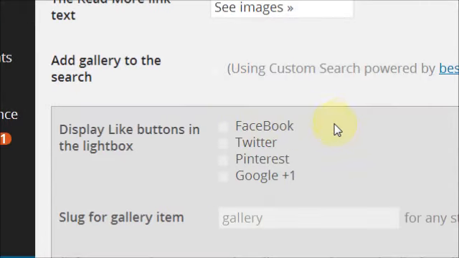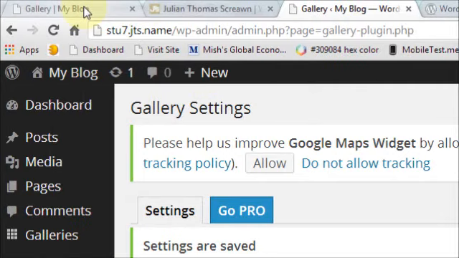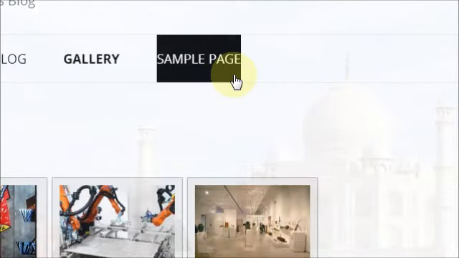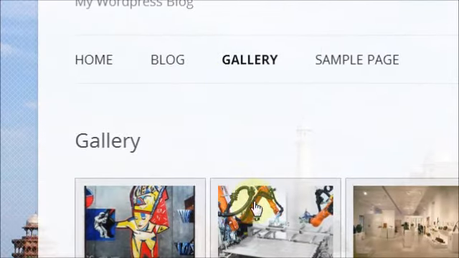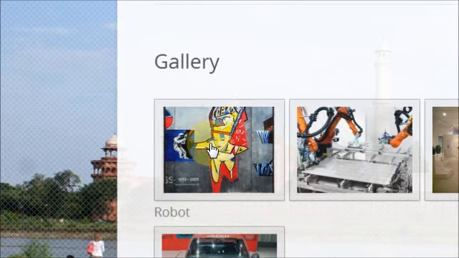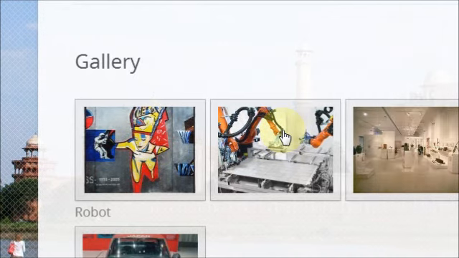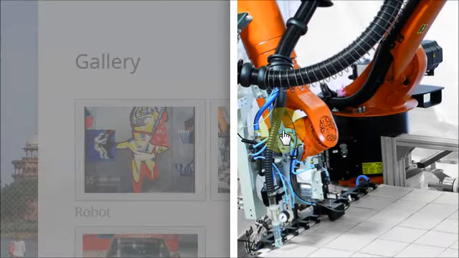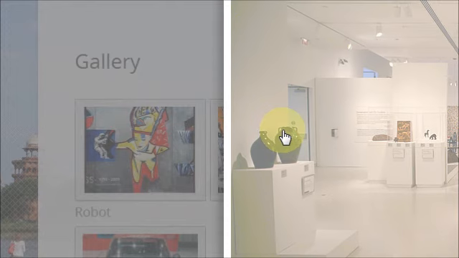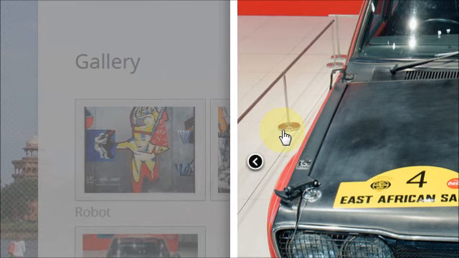Save those changes, go back to my gallery and refresh. Okay. And if I click on one of the images here, if I click on this one, it'll actually link to that website because I attached a link to here, remember? So I'm just going to click on one of these images here, and you'll see how it automatically moves from one slide to the next.